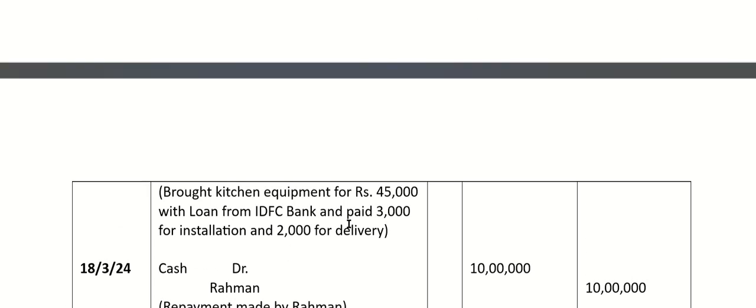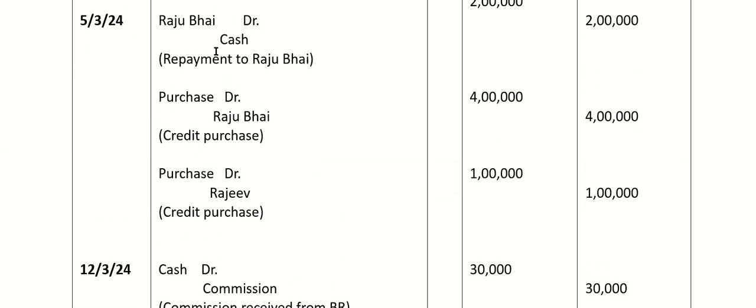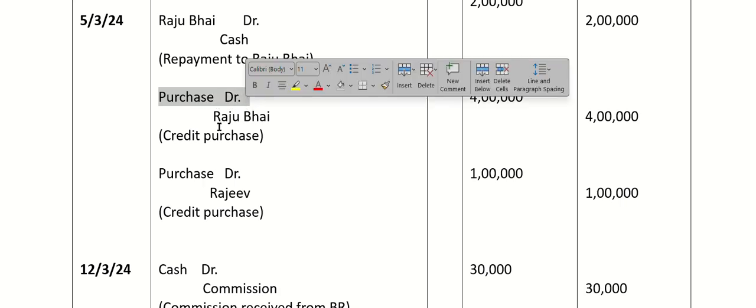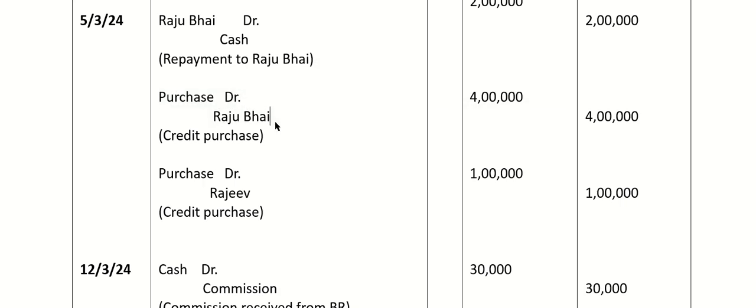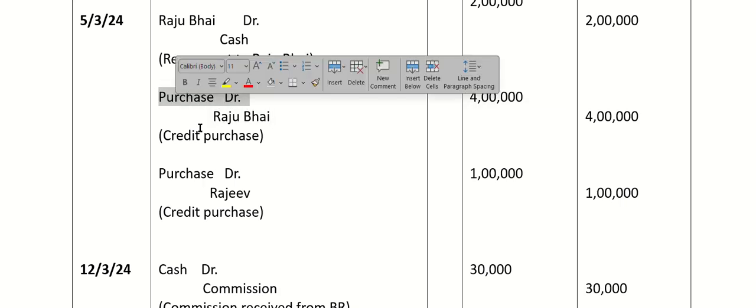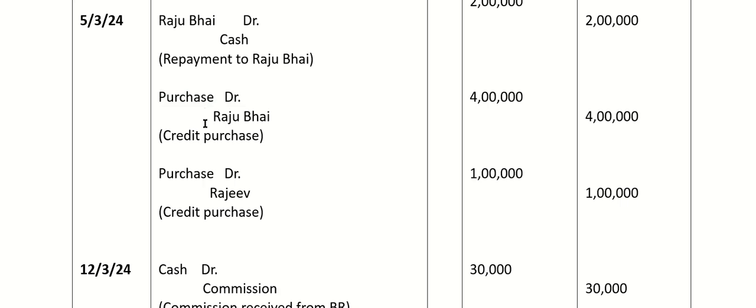Okay, once again we made a purchase of 4 lakh rupees. Remember, this transaction will occur in the purchase account first, and then we should move to Raju Bhai. Since we are not preparing the purchase account for you, I'm not showing it here, but we should prepare it in real life.